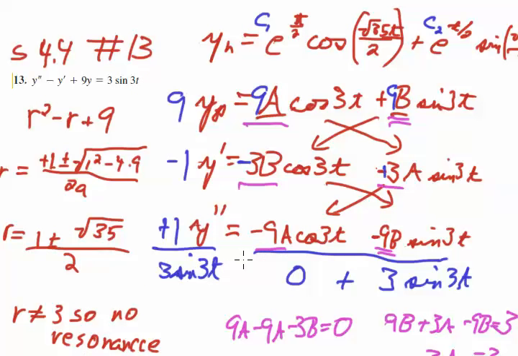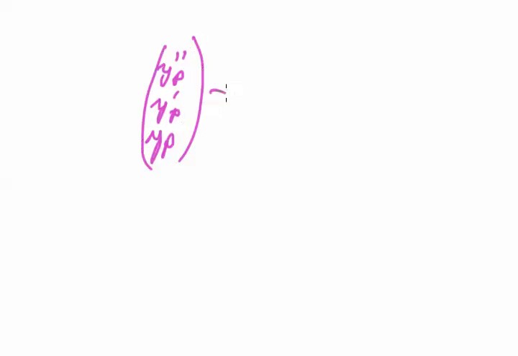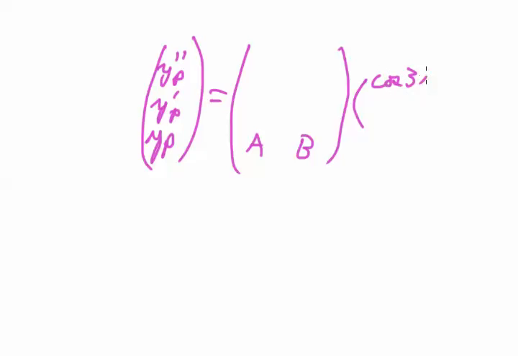Now, what the matrices do is basically produce information like this and separate these coefficients away from these, and it involves a little bit less writing. So if I have y sub p, y prime sub p, and y double prime sub p, the particular solutions, equals, for y sub p, a times cosine 3t plus b times sine 3t.